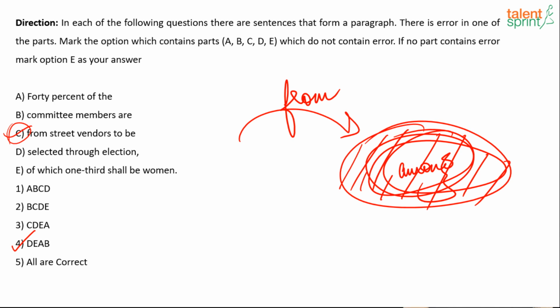You're saying E is the error. How will E be the error? Elaborate a little.